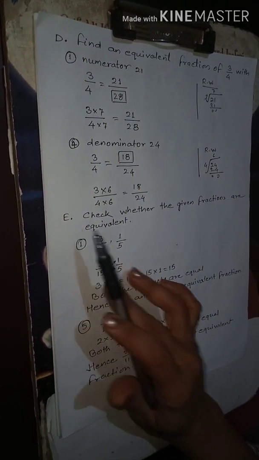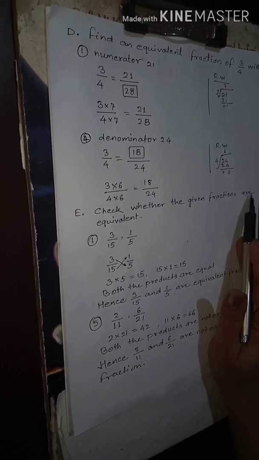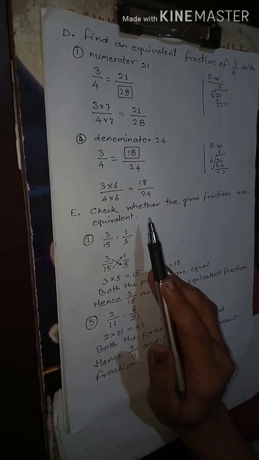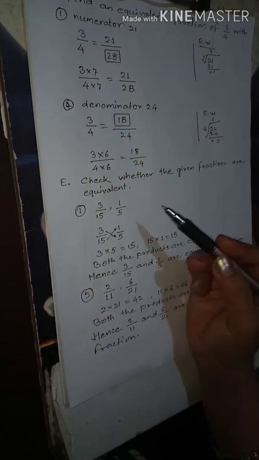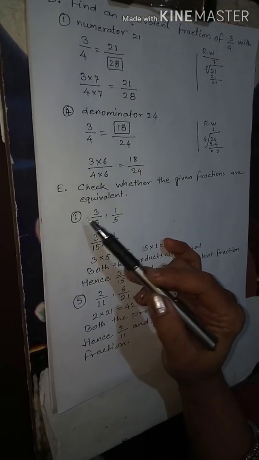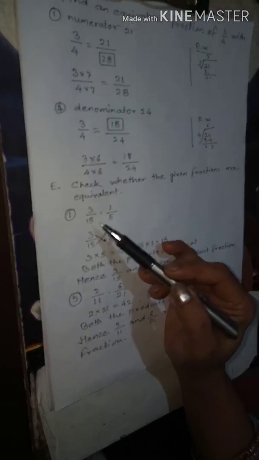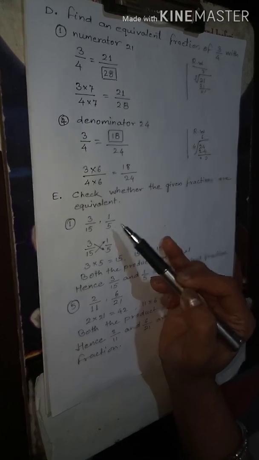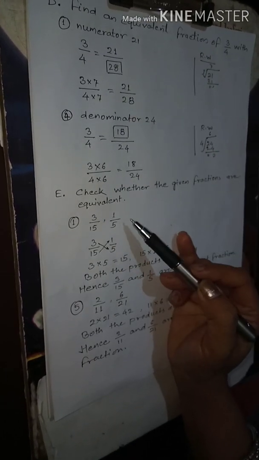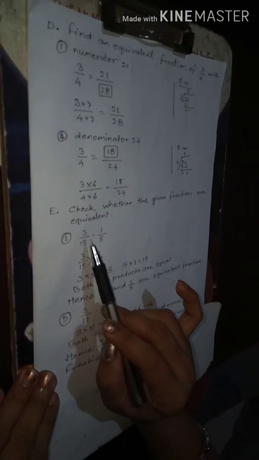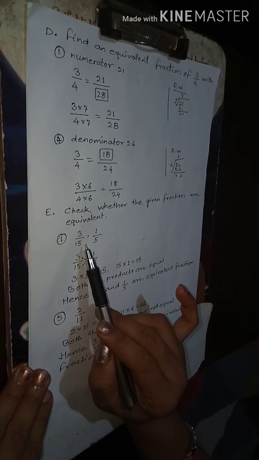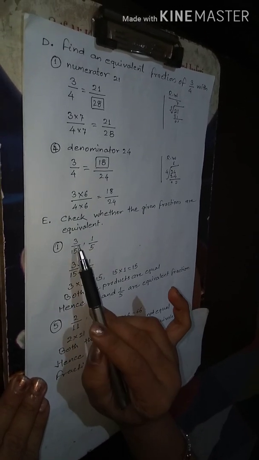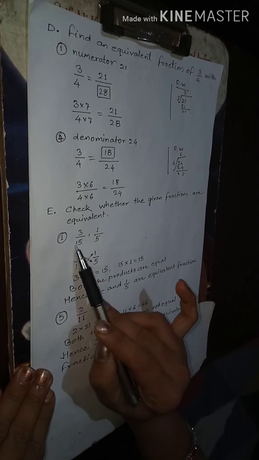Question number E. Check whether the given fractions are equivalent or not. So now question number 1, look at the question. Here 3 by 15 and 1 by 5. Here the question is asking whether 3 by 15 and 1 by 5 are equivalent fractions or not. Two fractions are equivalent if the cross products are equal.